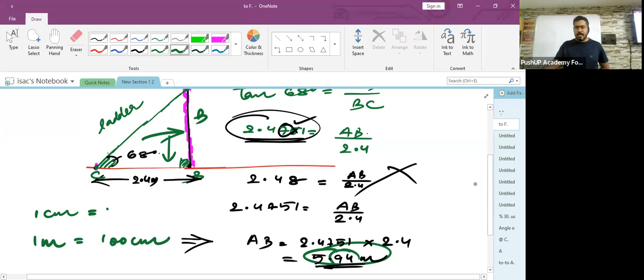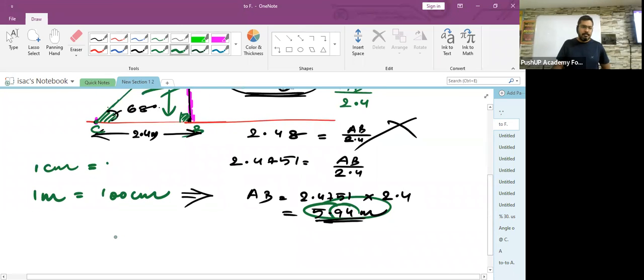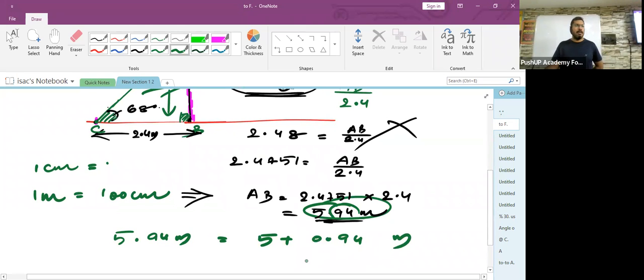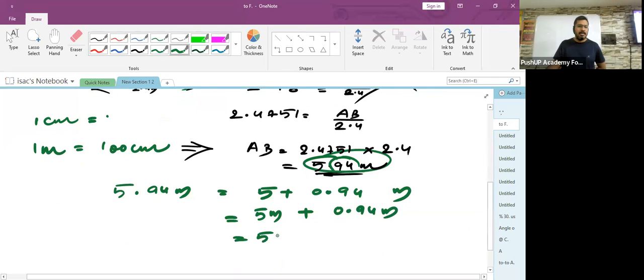Because when you write 5.94 meter, it actually means 5 plus 0.94 meters. Am I right? So this 5 is meter plus 0.94 meters. Children, 0.94 meter is nothing but 94 centimeters.